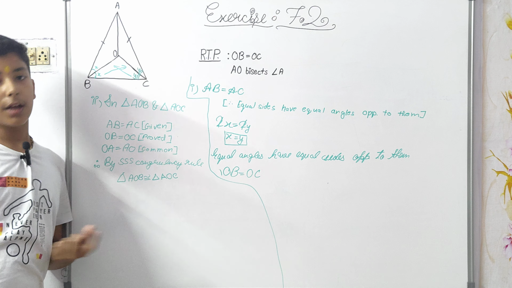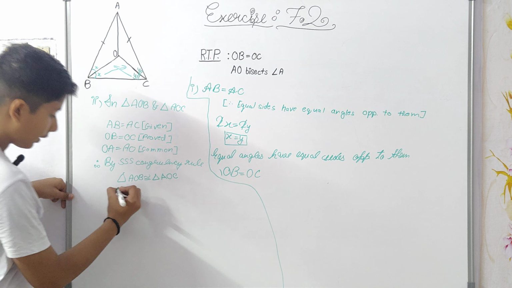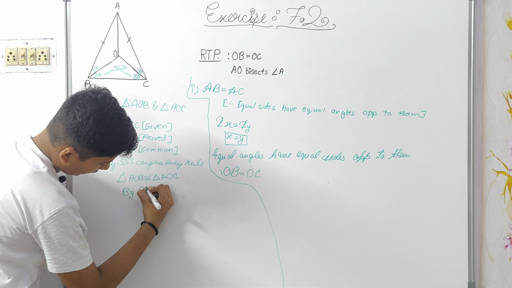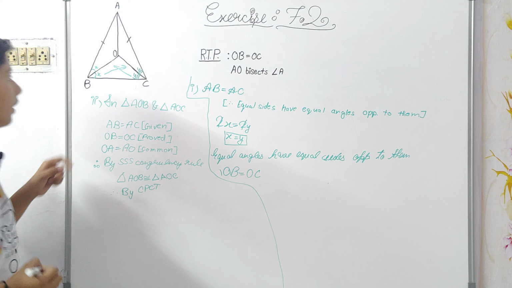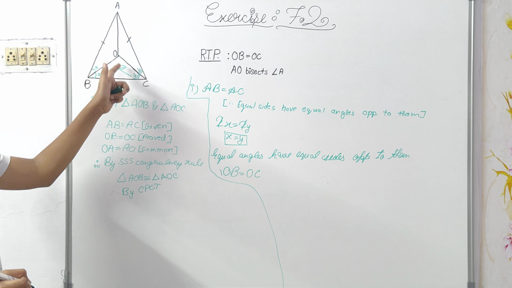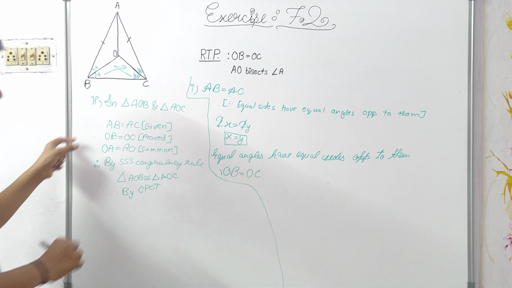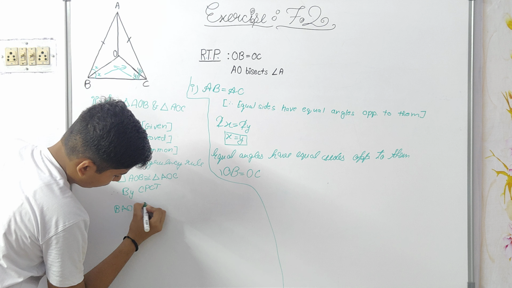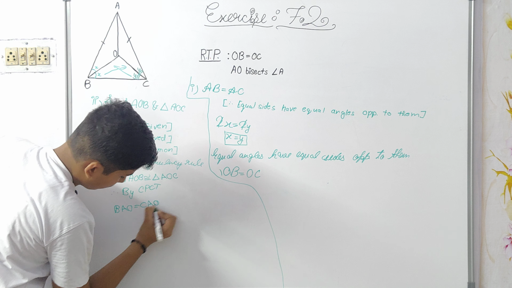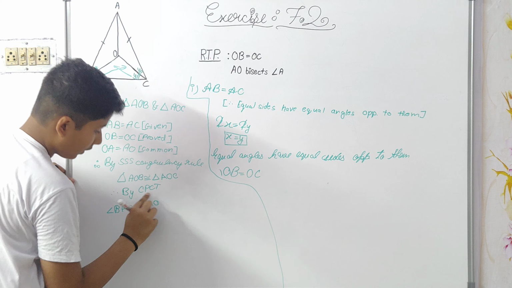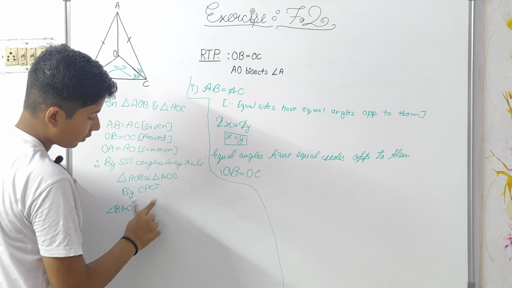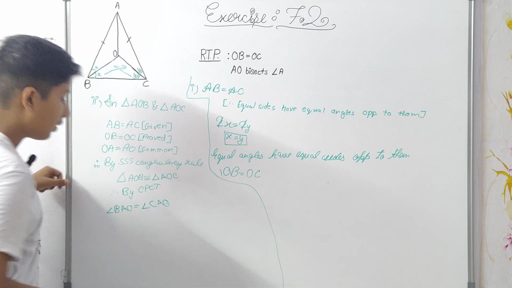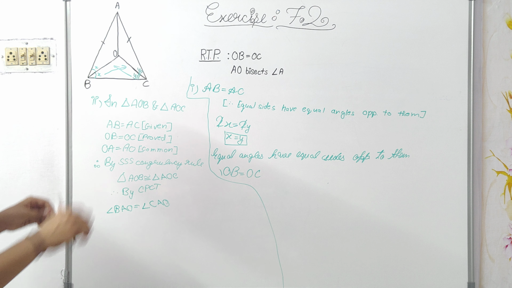Now AOB and AOC are congruent, so we can use CPCT. By CPCT, angle BAO equals angle CAO.